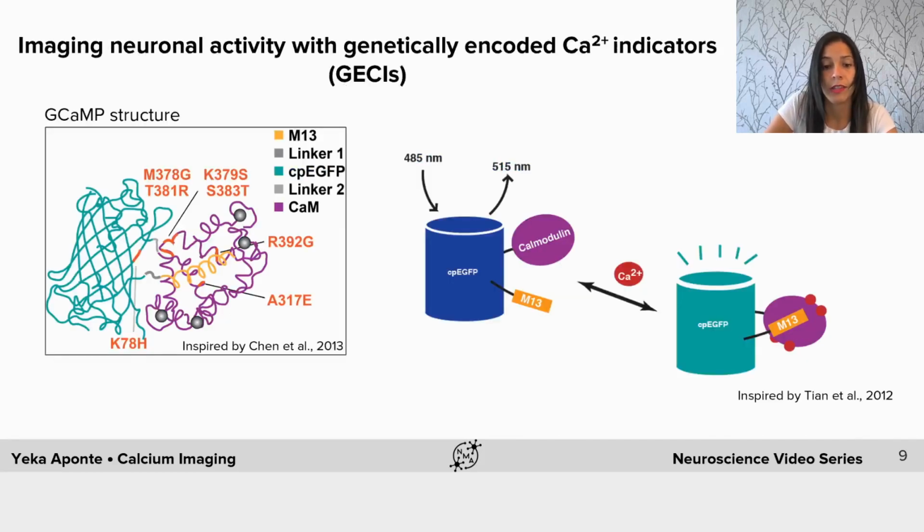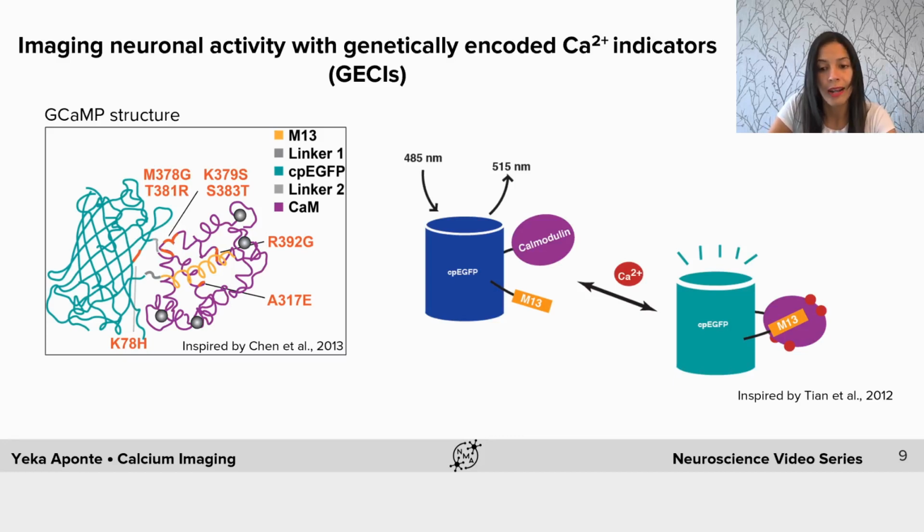All right, GCaMPs. GCaMPs are fluorescent calcium sensors widely used to image neural activity. For the sake of simplicity, I'm just going to tell you that GCaMPs consist of a green fluorescent protein, GFP, the calcium-binding protein calmodulin, and the calmodulin-interacting M13 peptide.